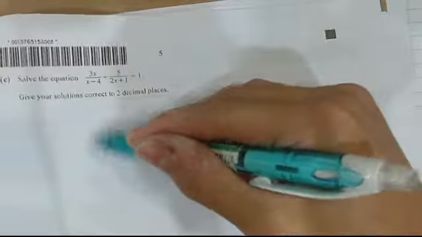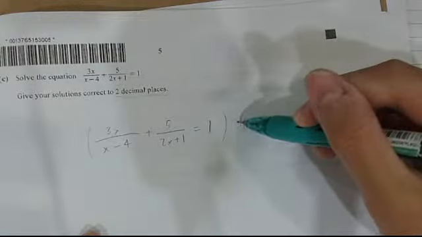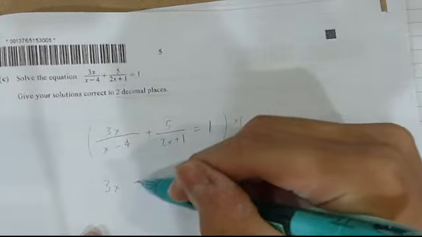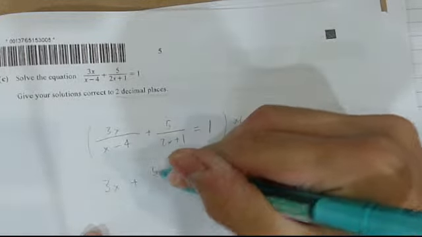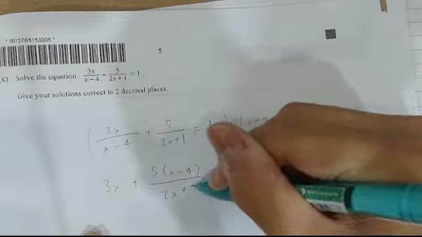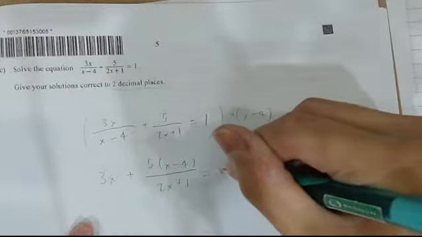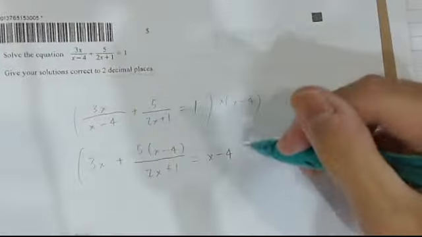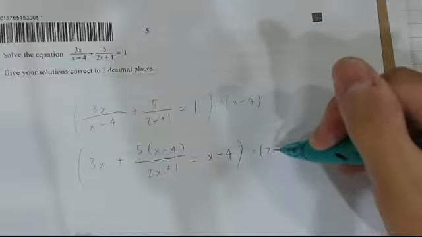Okay, so I'm just gonna multiply by x minus 4 first. So we get 3x plus 5 times x minus 4 over 2x plus 1. It's nothing but x minus 4. So now I'm gonna multiply by 2x plus 1.